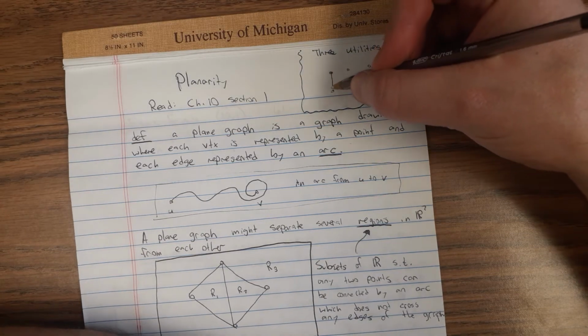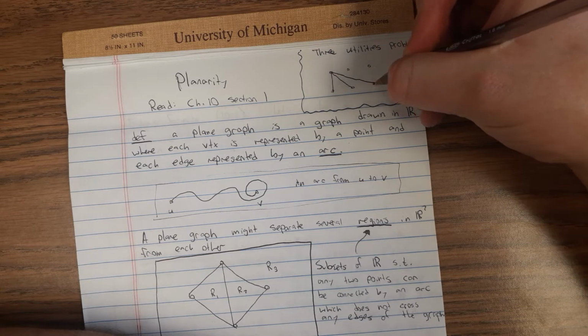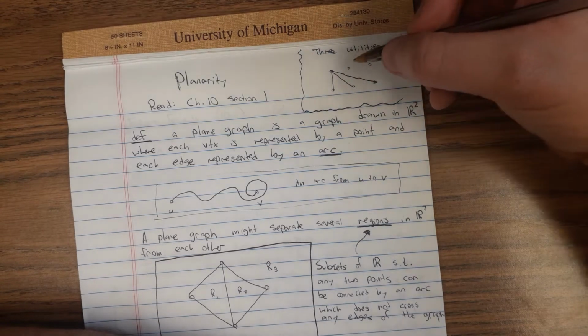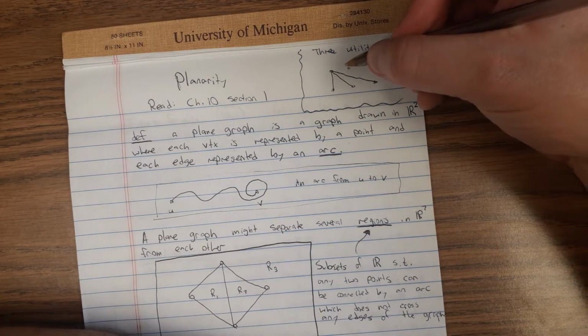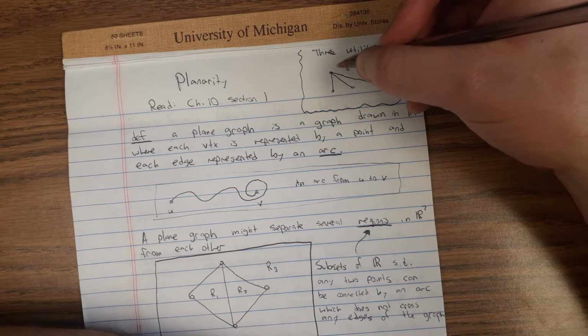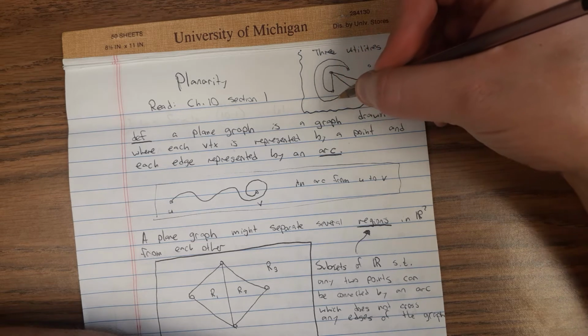And you can try, I mean, it's not too hard to draw the first few. So this utility is connected to all 3 houses, and then I can connect this to all 3 houses as well, because I don't have to use straight line segments. I can go around like this.